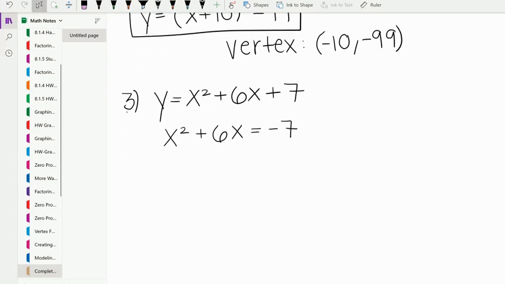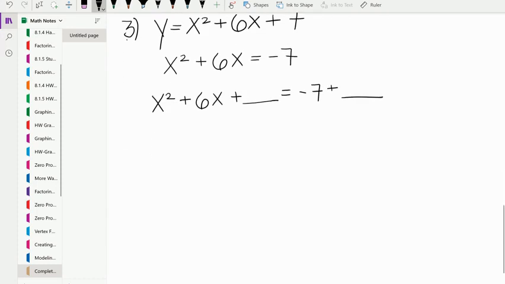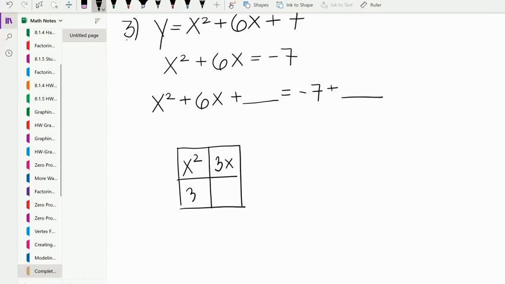Okay. Next step is I need to create a new c value. So I'm going to say plus blank equals -7 plus blank. Okay. To get that c value, that's when I create the box. So I take my first term and place it in the first box. I take 6x, I split it in half and place those in the diagonal boxes.